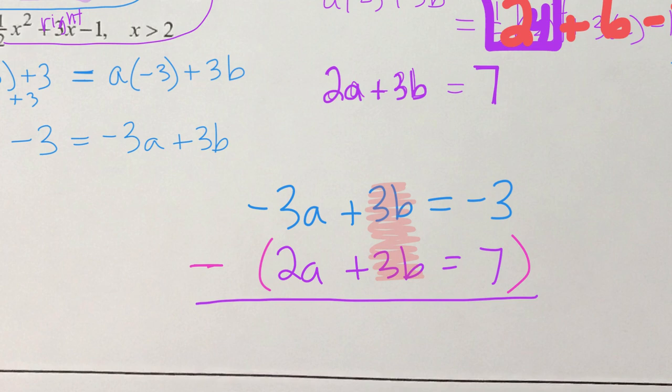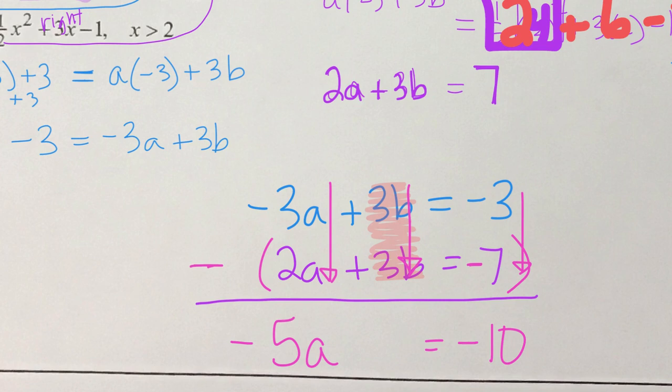The other method is substitution. So let's subtract. What is negative 3a minus 2a? Negative 5a. What is 3b minus 3b? 0. We have eliminated the b from our equation.